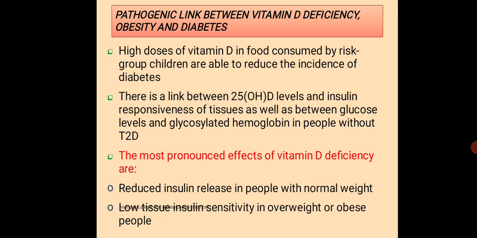There is a link between 25-hydroxy vitamin D levels and insulin responsiveness of tissues, as well as between glucose levels and glycosylated hemoglobin (HbA1c) in people without type 2 diabetes. The most pronounced effects of vitamin D deficiency are reduced insulin release in people with normal weight, and low tissue insulin sensitivity in overweight or obese people. These are the two major pronounced effects of vitamin D deficiency that have been shown.